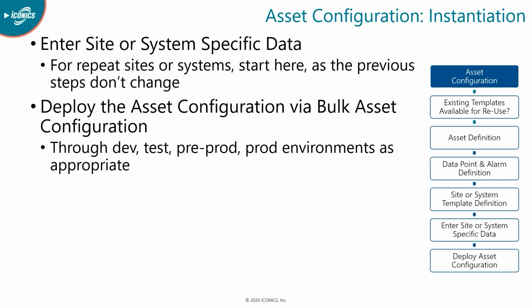All these standard things will automatically be inherited from the template and created by the bulk asset tool in the Workbench environment for you. That greatly improves the number of sites or systems that you can deploy quite quickly, as we'll show in the demo.